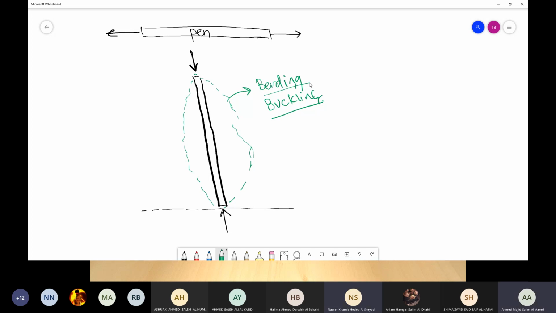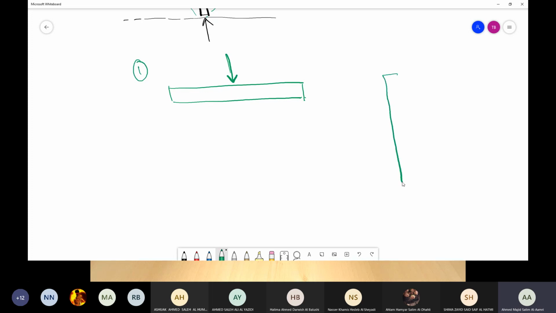Okay. Now, let me try to make it a bit easier for you. If I have an element here, and I'm putting a load here, is it buckling or bending? This is scenario number 1. Scenario number 2. Scenario number 3.